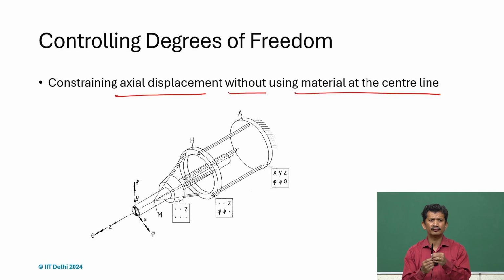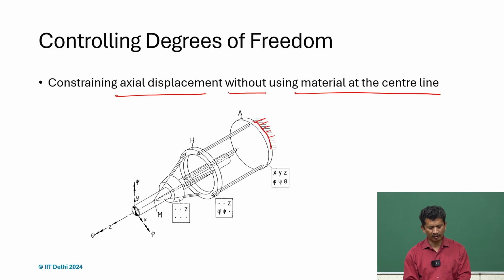Suppose I have to constrain this axially. One can say I can provide something at the bottom and constrain along this line, but the application is such that I can't have anything here. It can move around a little bit, twist, rotate, but I need a constraint along the axial direction. So, how to do that? This is one of the approaches, and I think we can also use it, starting from the base.